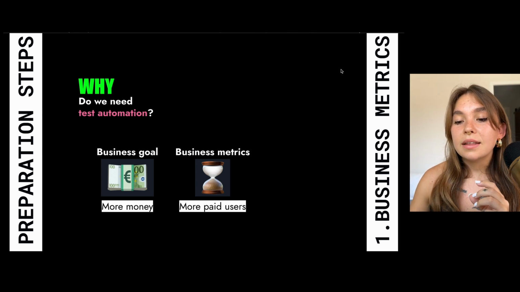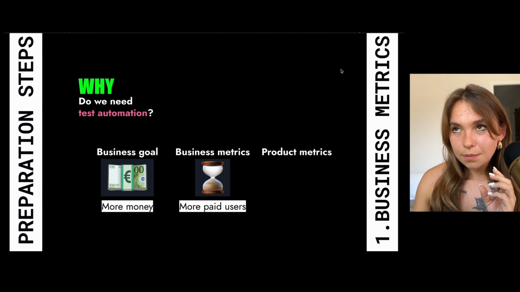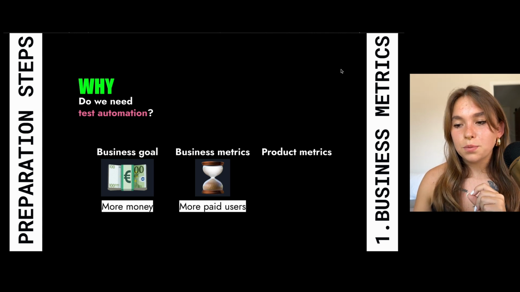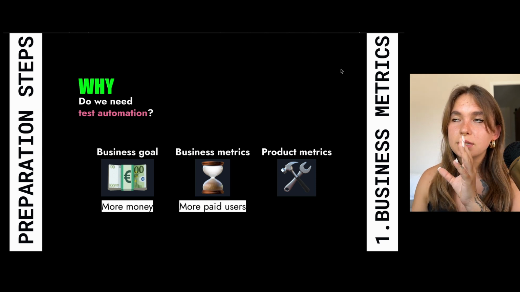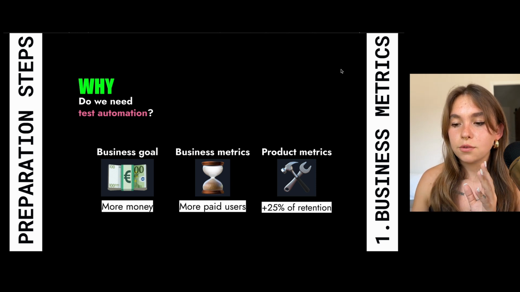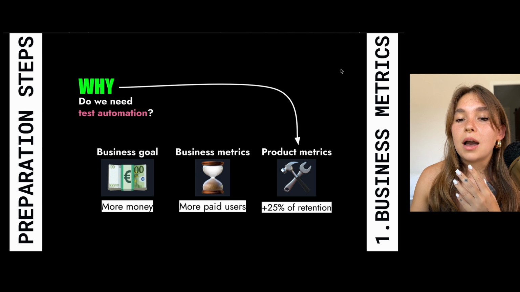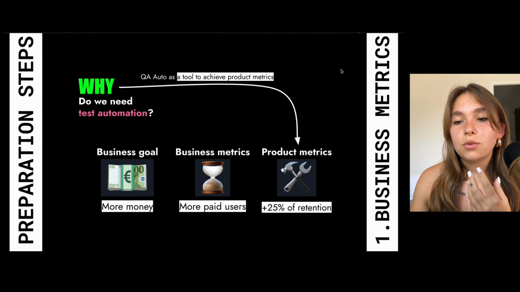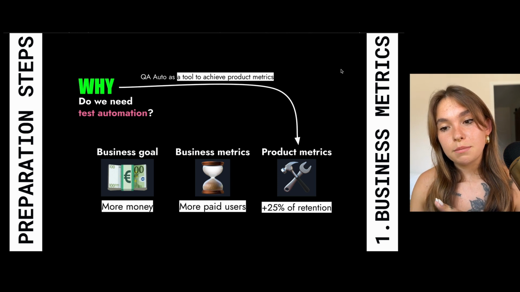And it's really important to also be aware of product metrics, because product metrics are a bit more product oriented. For example, plus 25% of retention. After that, QA automation can be used as a tool to achieve product metrics.